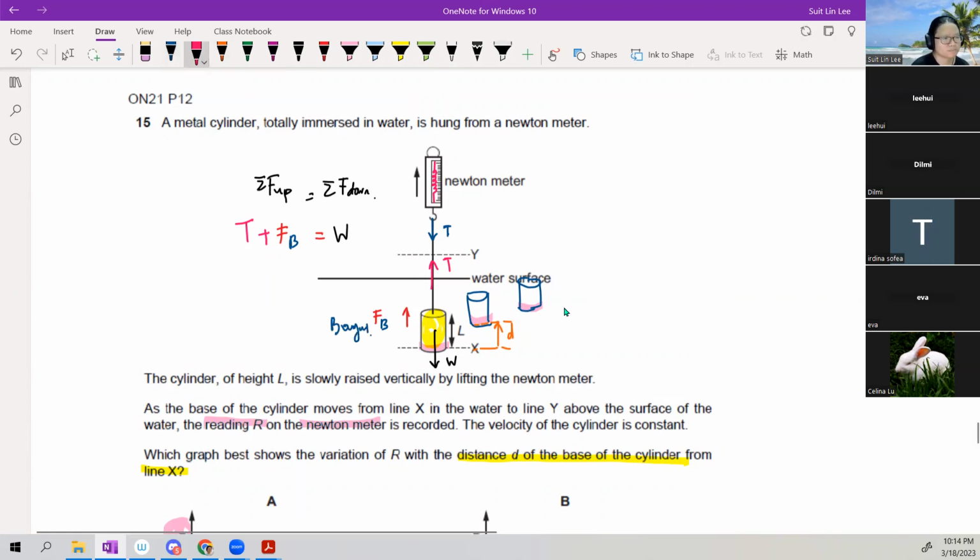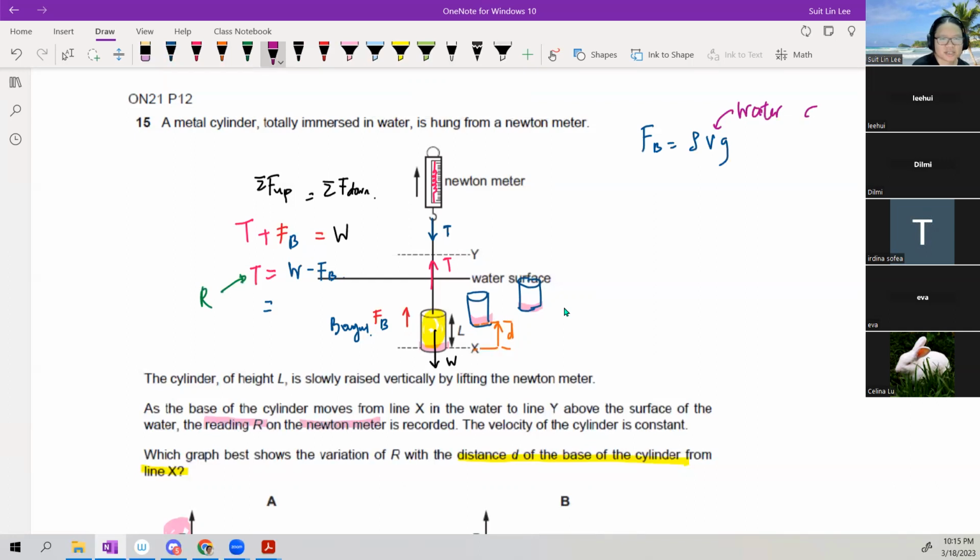So you can see that your reading, this is R, the tension in the string. Okay, the reading T or R is equal to the weight minus the buoyant force. But what is the buoyant force? Buoyant force can be calculated using rho Vg. This V is the water or the liquid displaced. As long as it is entirely underwater, the liquid displaced is the same.